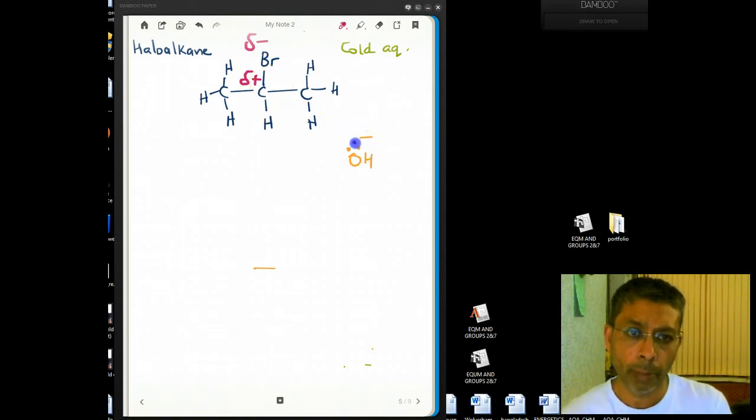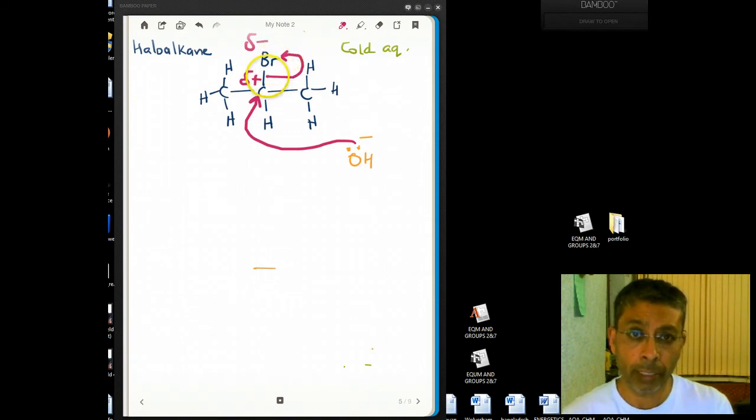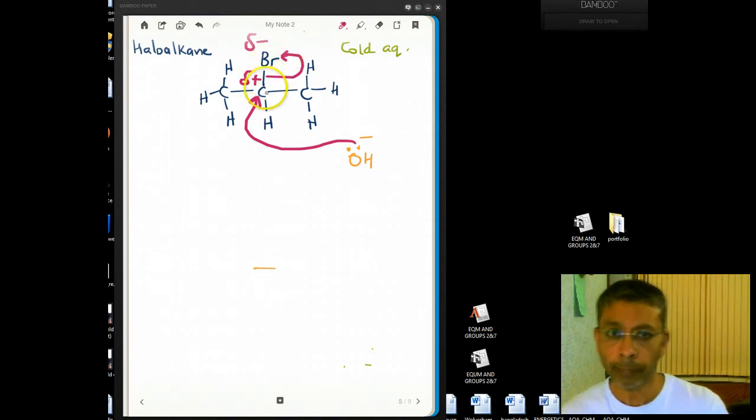Okay, a pair of electrons comes from there to the carbon, and at the same time, from the middle of this carbon-bromine bond, the arrow comes to the bromine. So the bromine takes a pair of electrons away. So we have this.